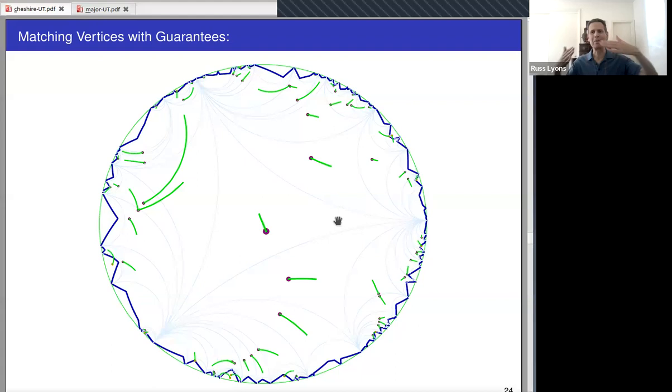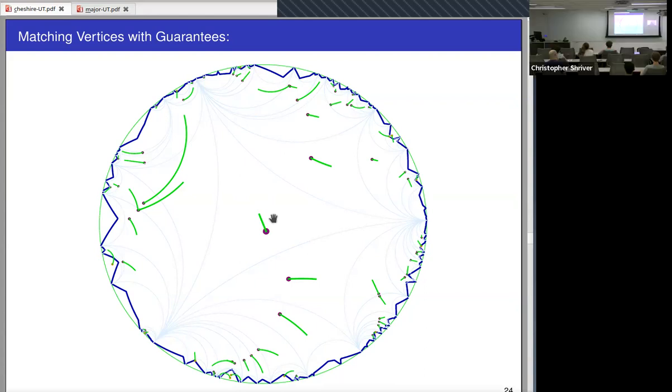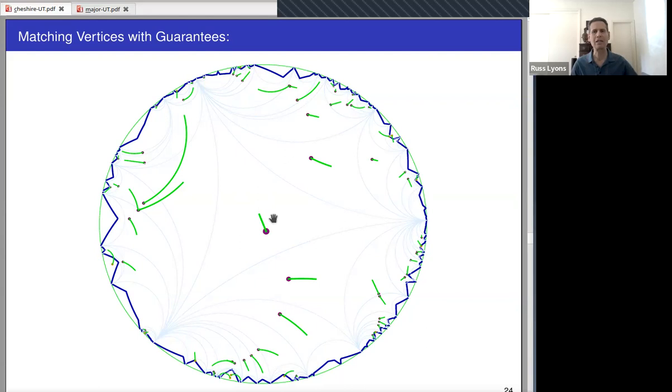Correct, 0, 0, 0, because the two sides meet at right angles to the boundary, so there's zero angle. So therefore, if you recall, what is the area of an ideal triangle? Pi, right? Because every hyperbolic triangle has area pi minus the sum of the interior angles. All right, so every ideal triangle here has area pi.